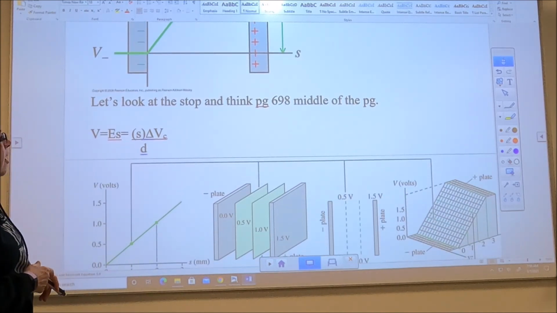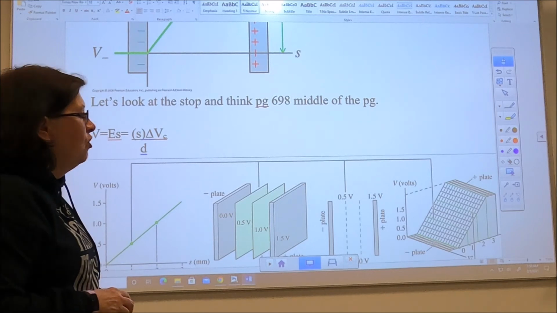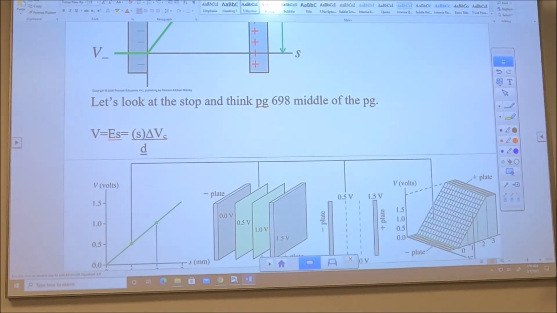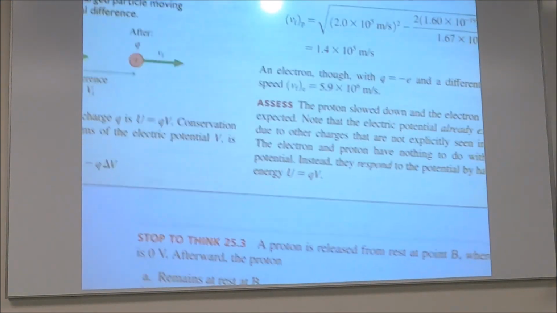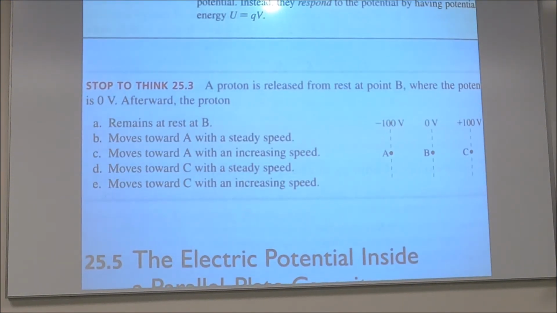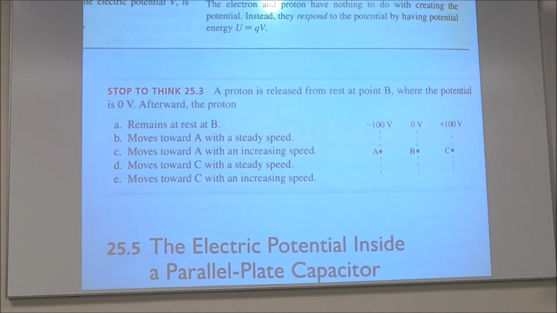If we look at the stop and think on page 698 in your text, in the middle of the page. It says a proton is released from rest at point B, where the potential is 0.